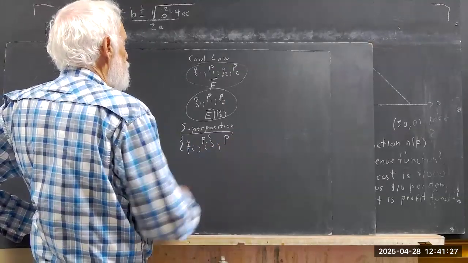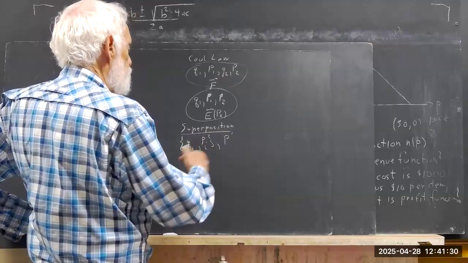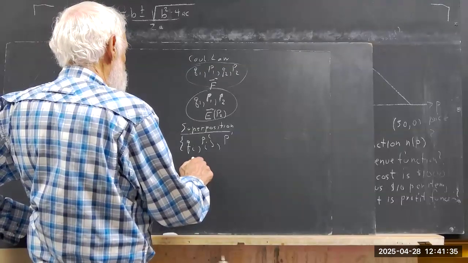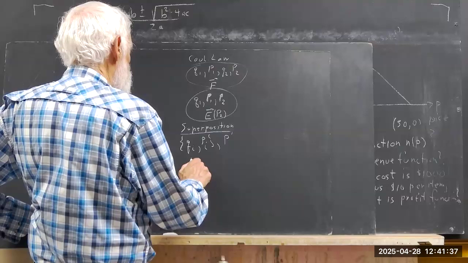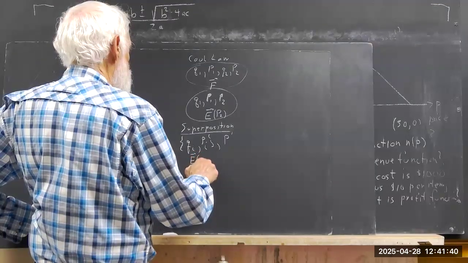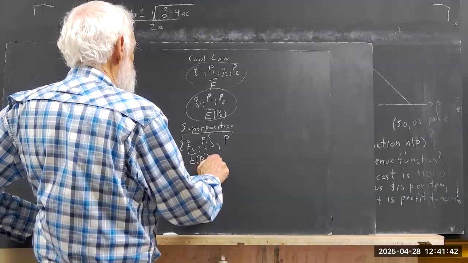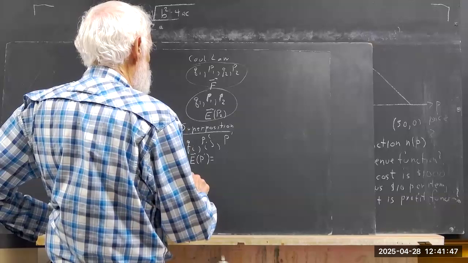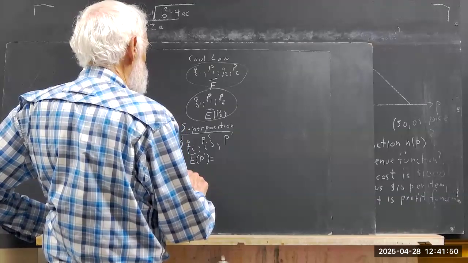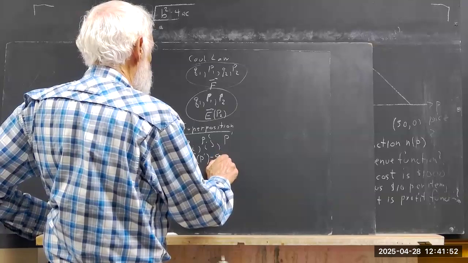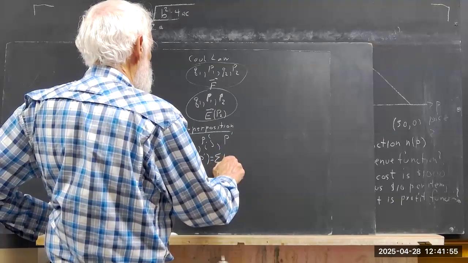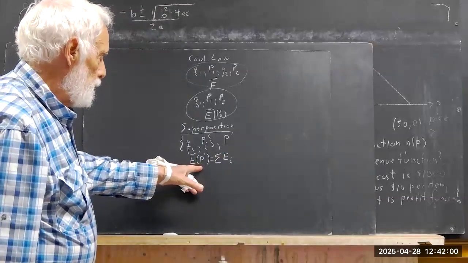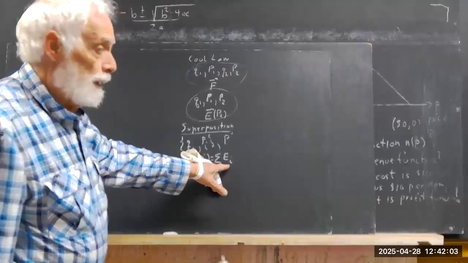Got a bunch of charges in a bunch of positions, each at a given position, and a point P prime. The electric field at P prime is the sum of the electric fields at the points.